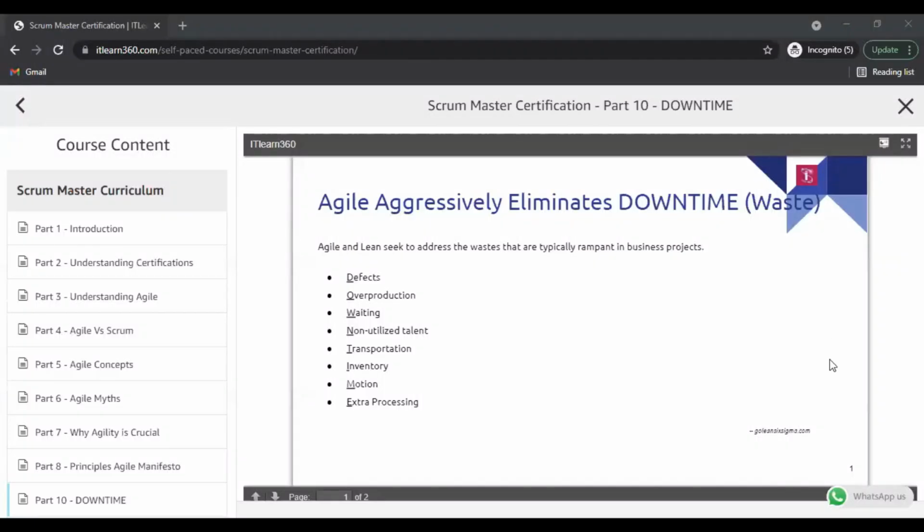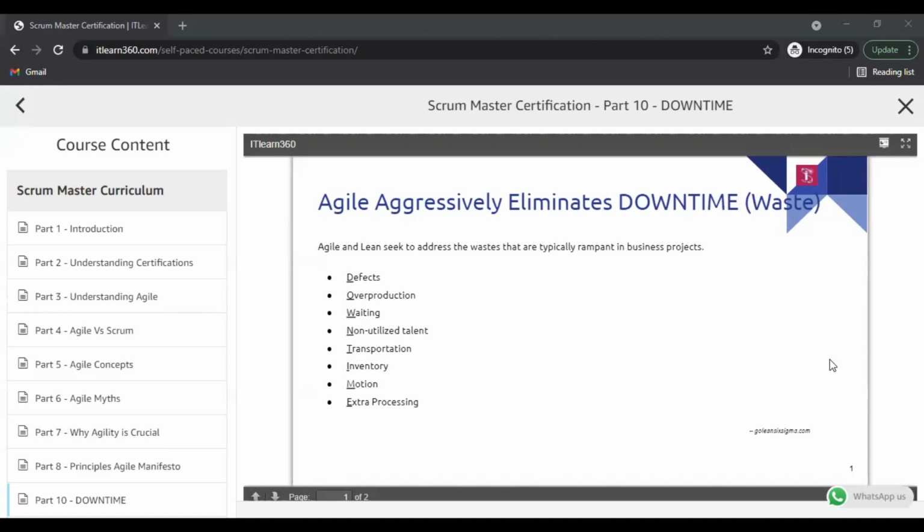Downtime is usually considered waste in the effort or work. So we'll understand what exactly downtime means and how agile helps in eliminating it.